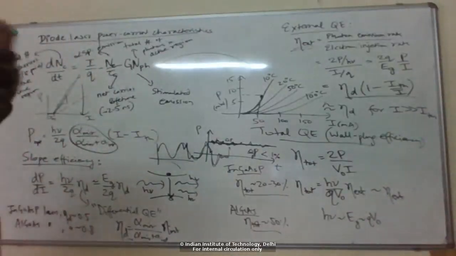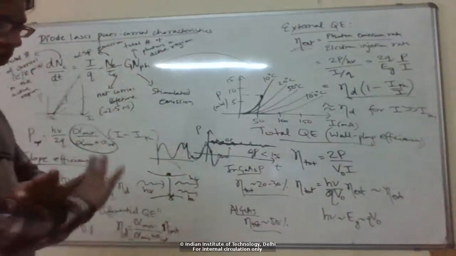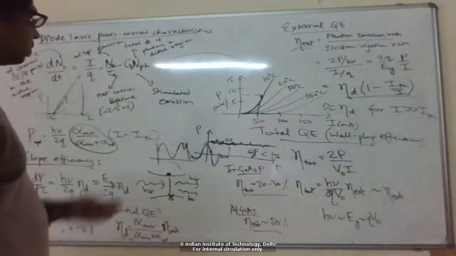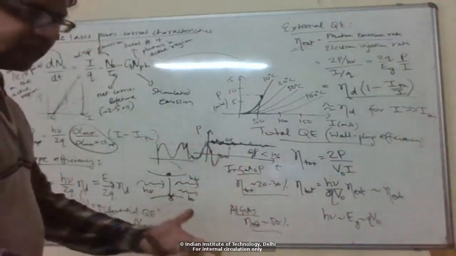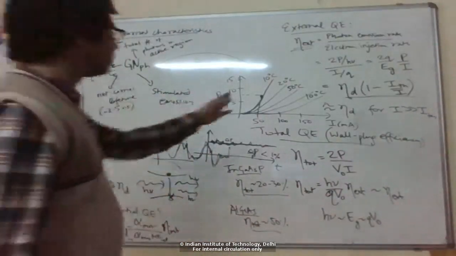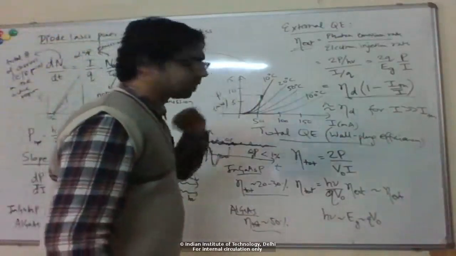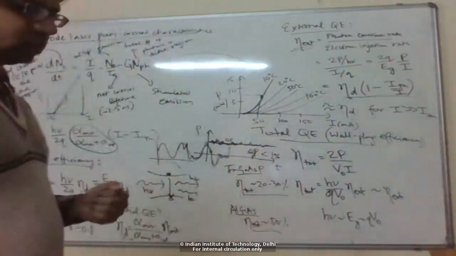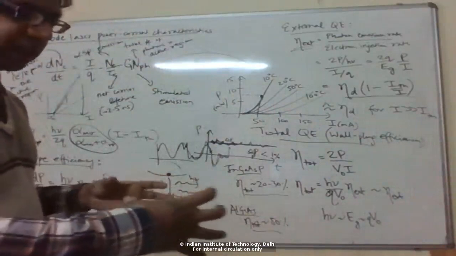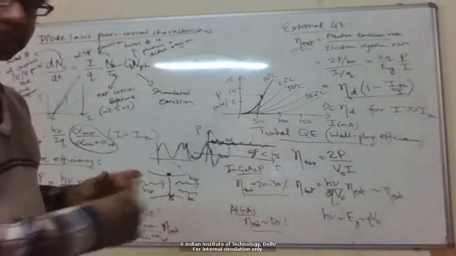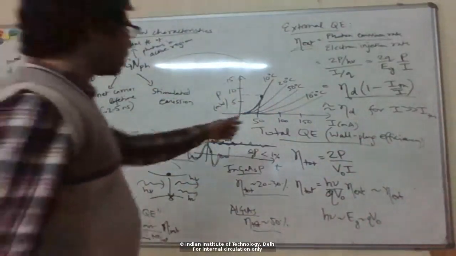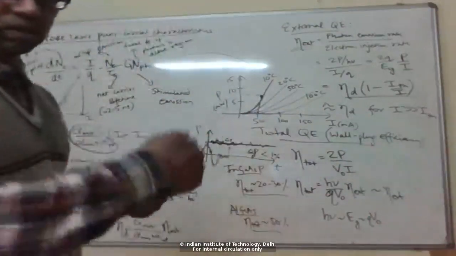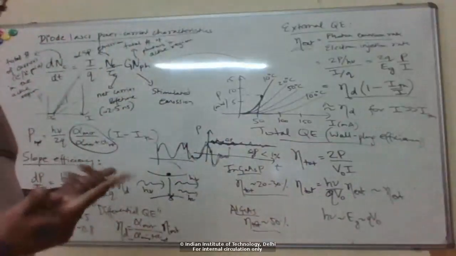So spontaneous emission is the ultimate limit, right? If you eliminate all other kinds of noise, of course there could be some other physical or mechanical sources of noise, like for example, the temperature is not perfectly set and is fluctuating a little bit, which you can imagine, due to thermal expansion, changes the cavity length slightly. Some other noise, like noise in the current source that you're supplying, is also not perfect.